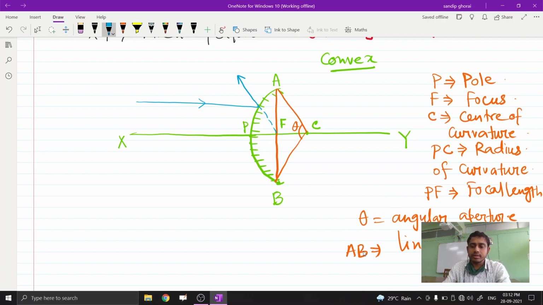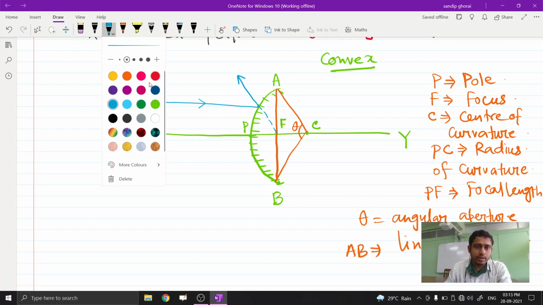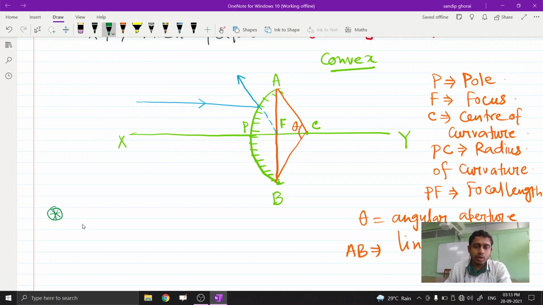One final point which is very important: when the linear aperture is very small, then we can say PF, which is focal length, is equal to PC upon 2.